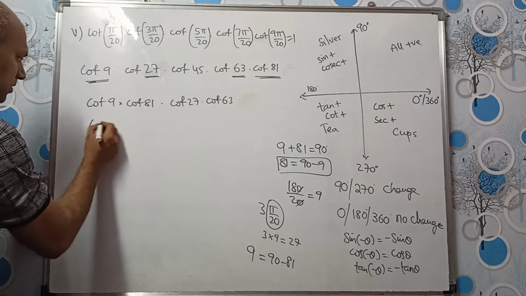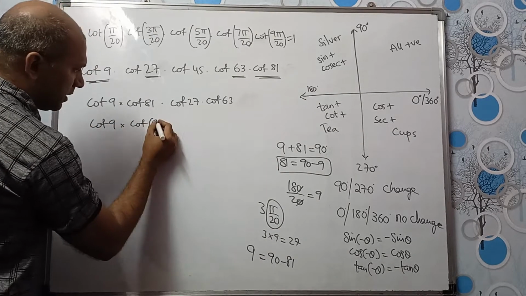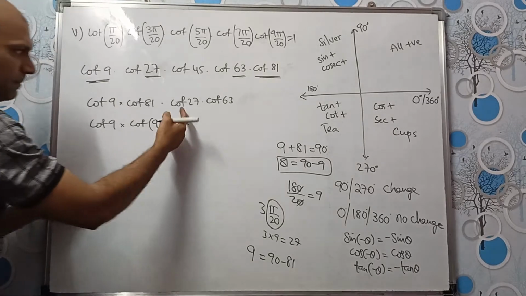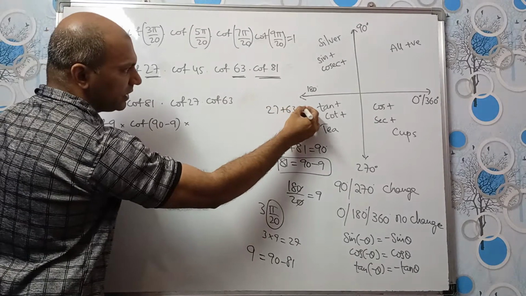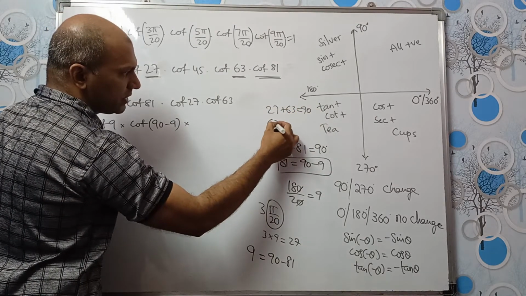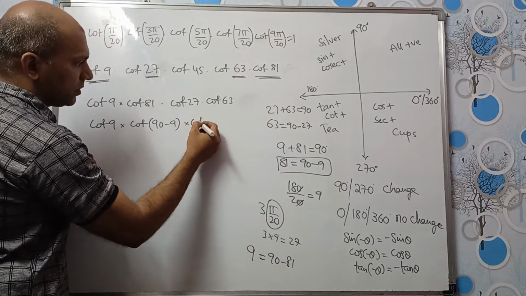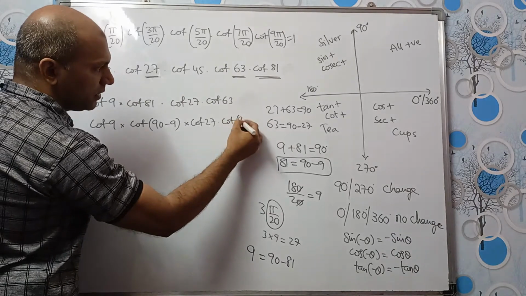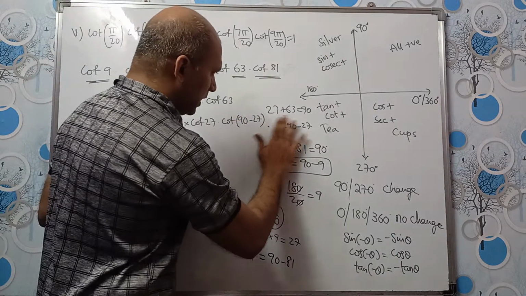So this will be cot 9 multiplied by cot 81, which is 90 minus 9, multiplied by, let us change 63 here. 27 and 63 will give us 90 degrees, right? So 63 will be equal to 90 minus 27. So this is cot 27 multiplied by cot 63, it is cot 90 minus 27. I hope this is clear.